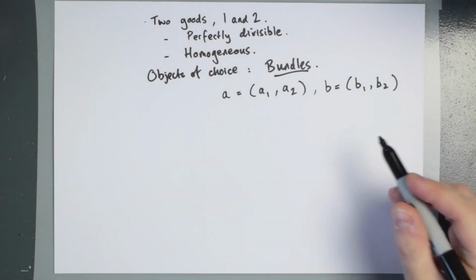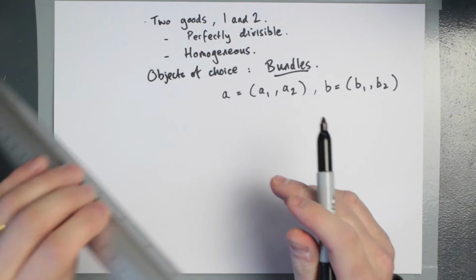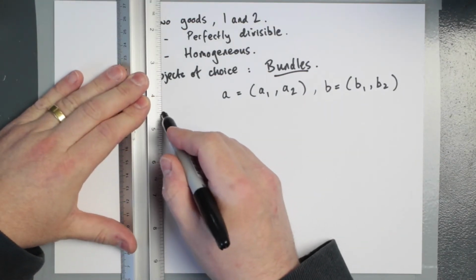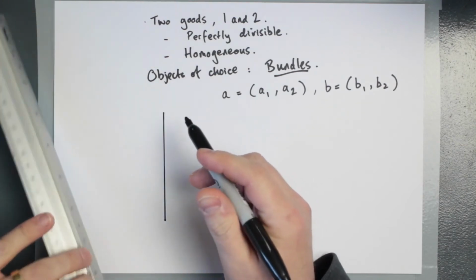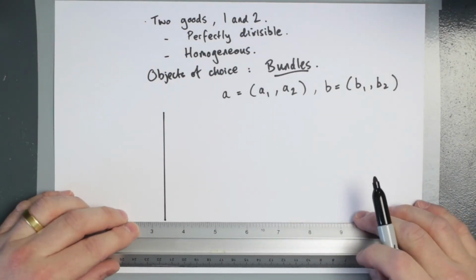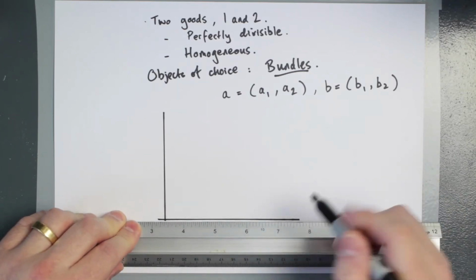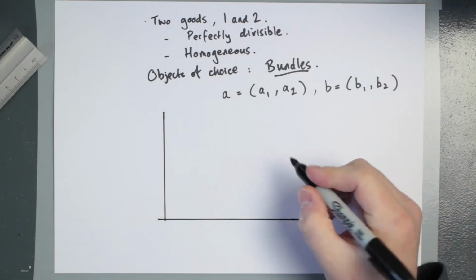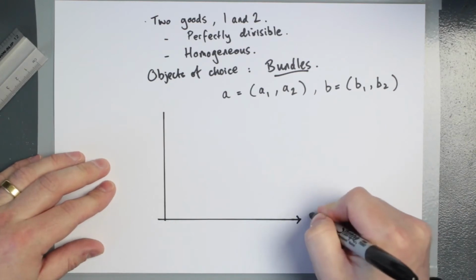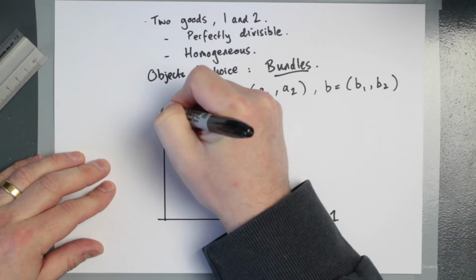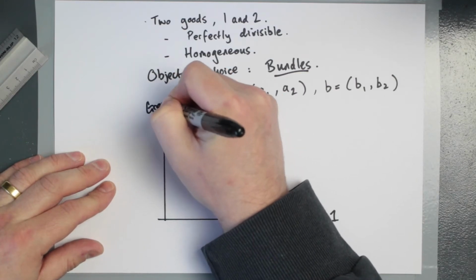Okay, so if I draw a diagram, let's just draw a vertical axis, something like this. And on the horizontal axis, I will put good 1. And on the vertical axis, we'll label this good 2.